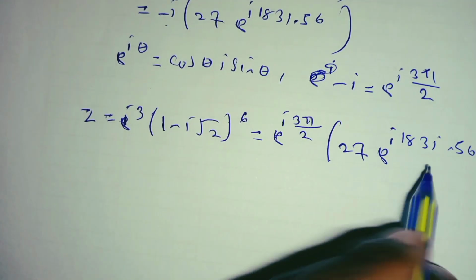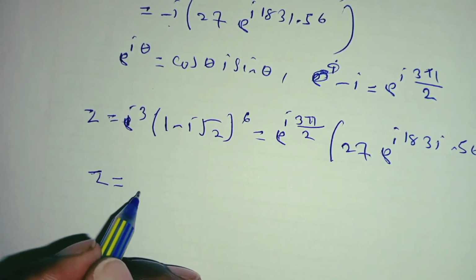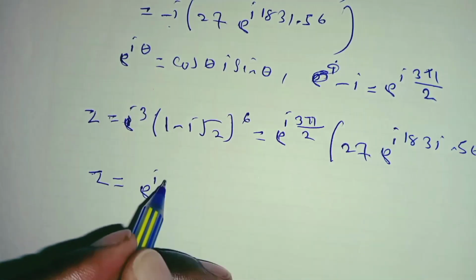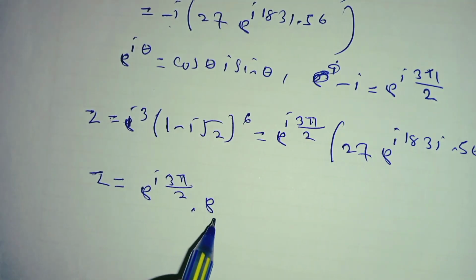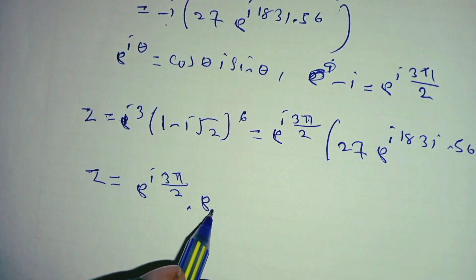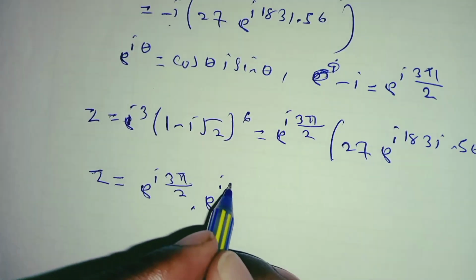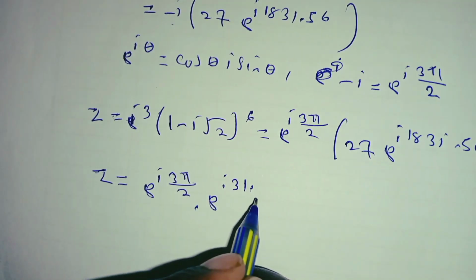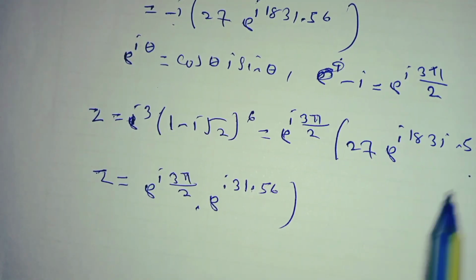Now 1831.56 can be reduced. There are 5 cycles here, so we are going to have our z is equal to exponential i 3 over 2 pi multiplied by exponential i 91.56 after reducing this part.